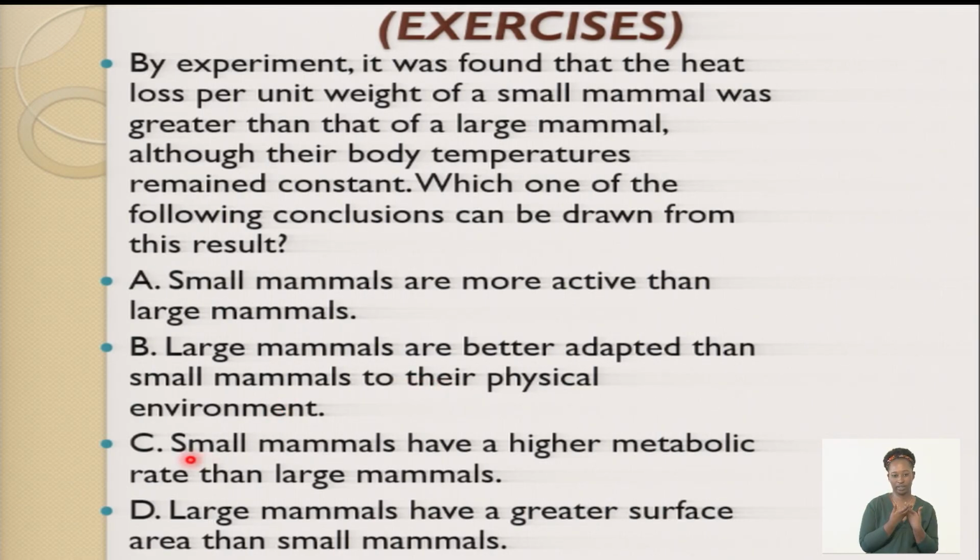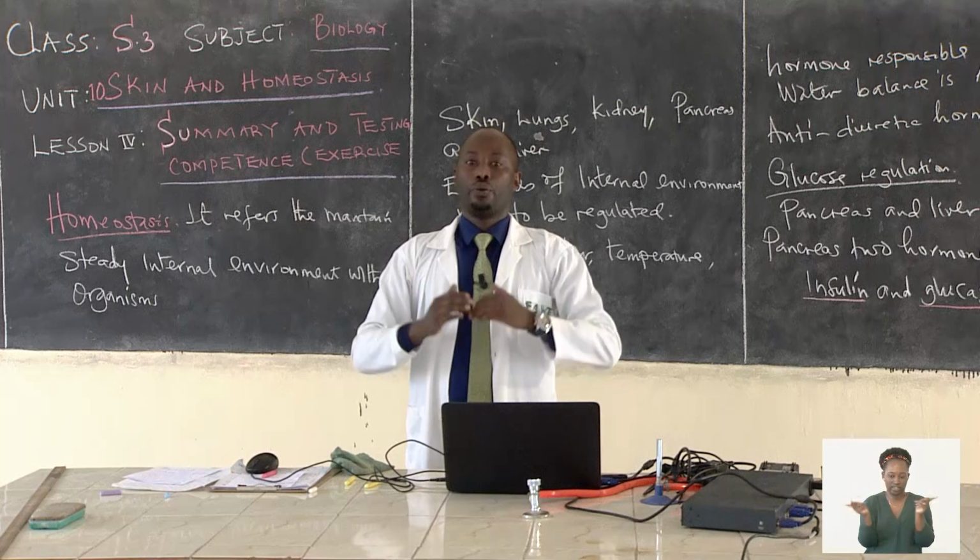C, small mammals have a higher metabolic rate than large mammals. D, large mammals have a greater surface area than small mammals. So we're going to choose among these four objective options.